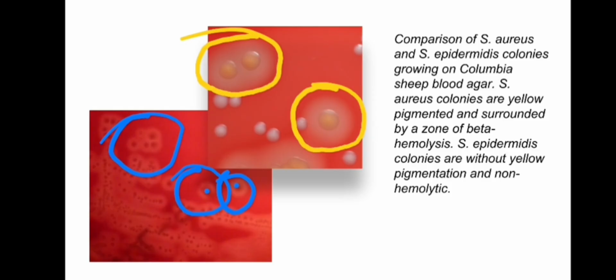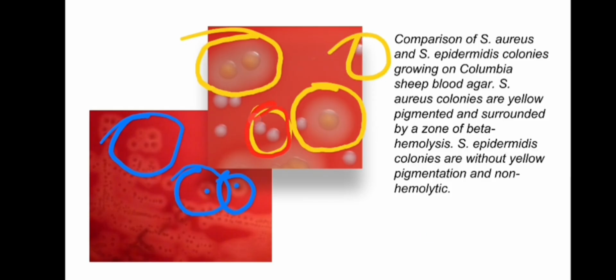So it is surrounded by hemolysis, and this alpha, beta, gamma, you can just refer to the literature. It depends upon how much area the hemolysis is happening, how vigorous it is occurring, whether it is alpha, beta, or gamma hemolysis.